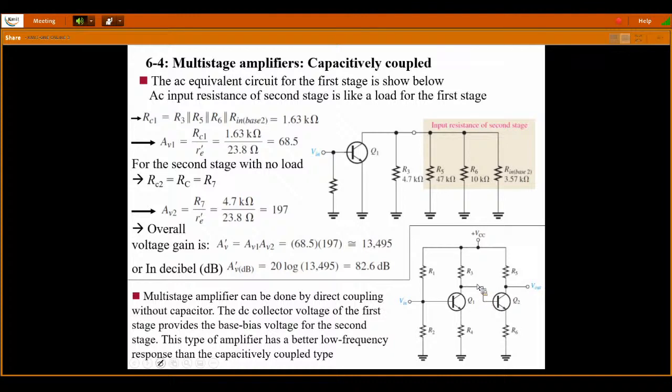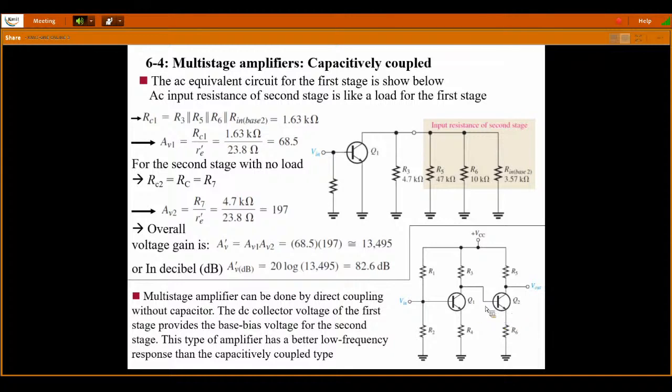So in order to improve the low frequency response in a multi-stage amplifier, you could also use direct coupling. Hence we have replaced that capacitor with a direct connection, since the coupling capacitor at one stage or the second stage will lower the low frequency response of your multi-stage amplifier.